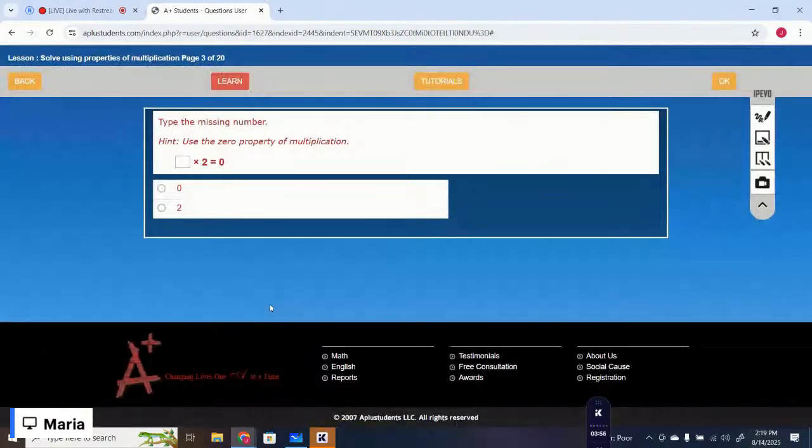That is the zero property of multiplication, which means multiplying any number by 0, the answer is 0. Option number 1 is the correct option. That is 0 times 0 equals 0.